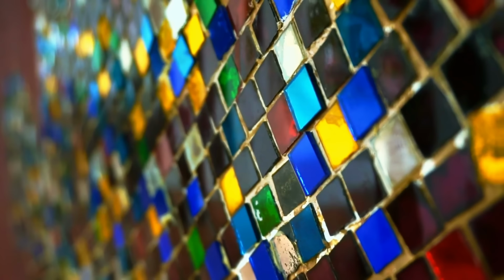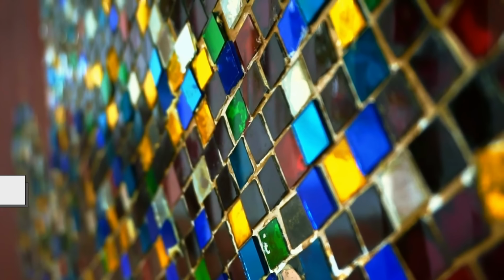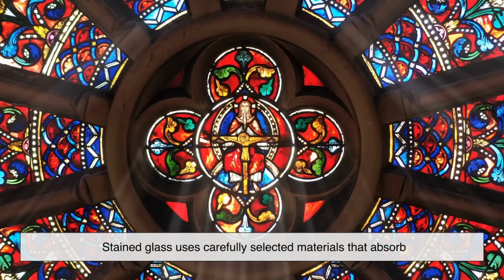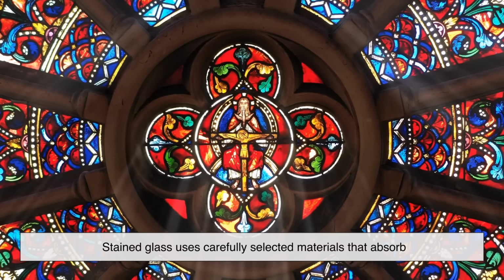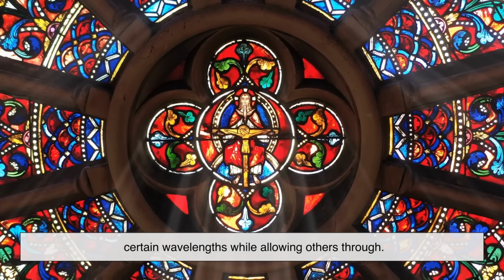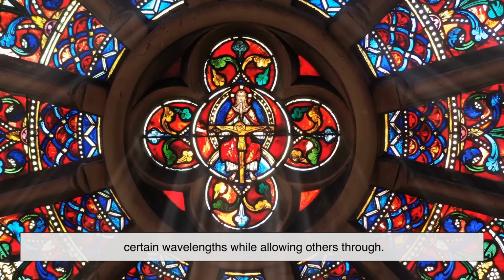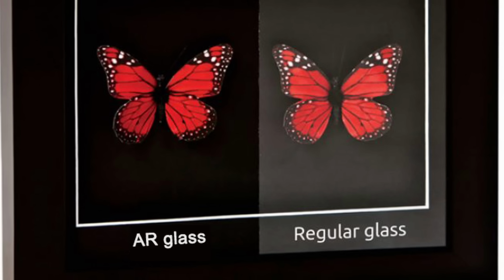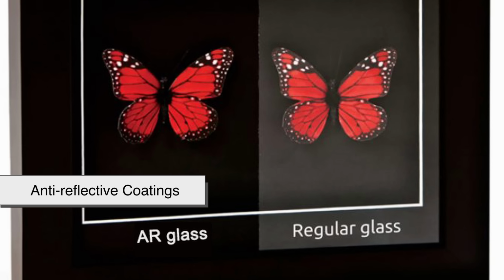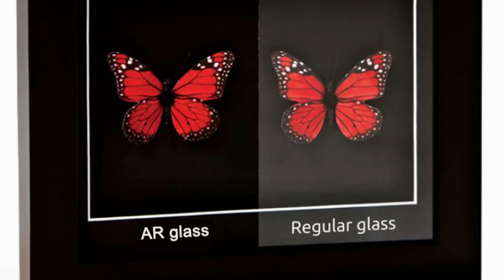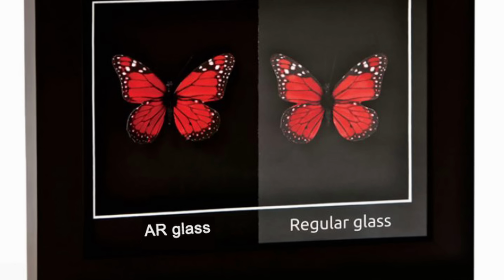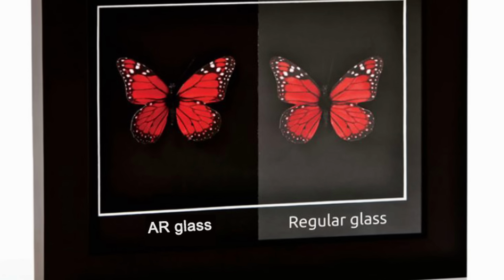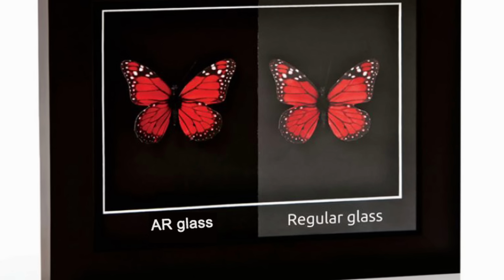Manufacturers can also add specific ingredients to produce colored glass. Stained glass uses carefully selected materials that absorb certain wavelengths while allowing others through. Modern glass can even be treated with anti-reflective coatings, which reduce reflections and allow more light to pass through lenses, screens, and other optical devices.